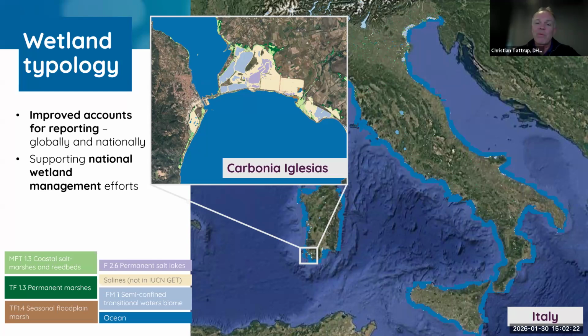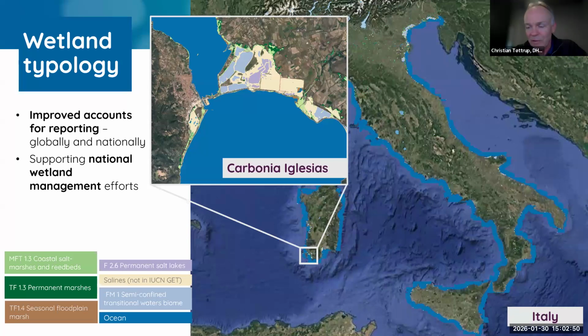The hope is that compared to the global data sources that we were starting from, we will have output here which delivers improved land use, land cover accounts for national and global reporting obligations within countries, but also data and information at a level where we can support national wetland conservation and restoration efforts.